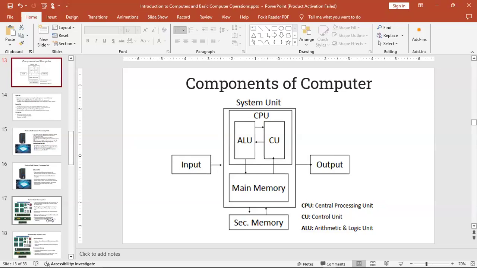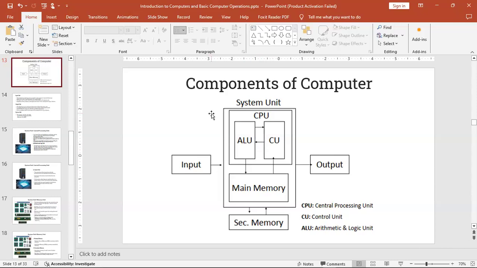So please put in mind that the three main components of a computer are the input unit, the system unit, and the output unit. The system unit is the most important.